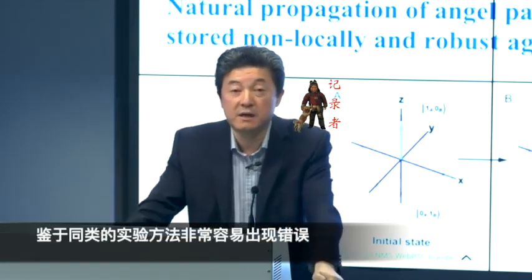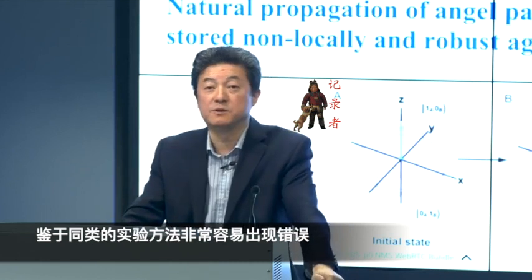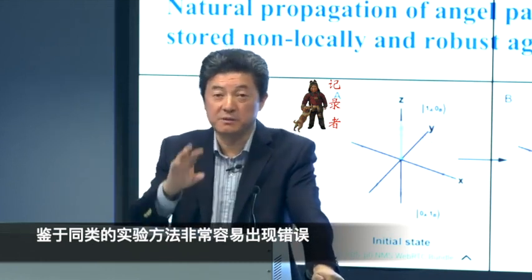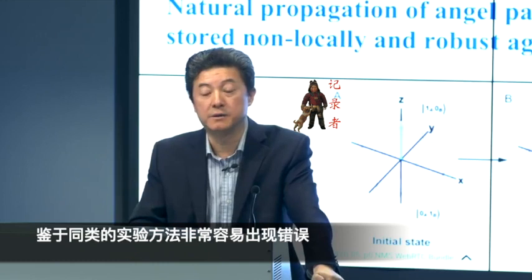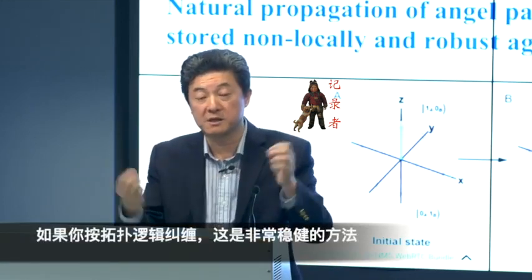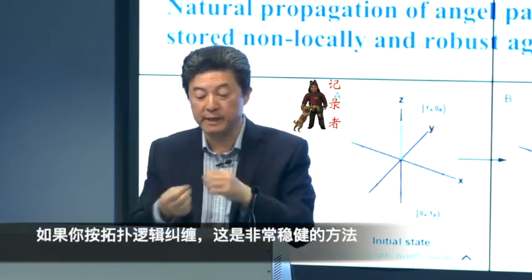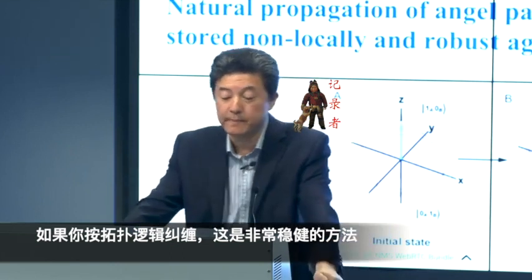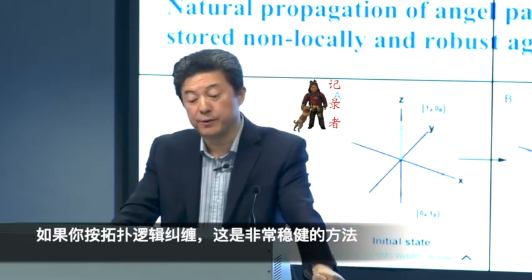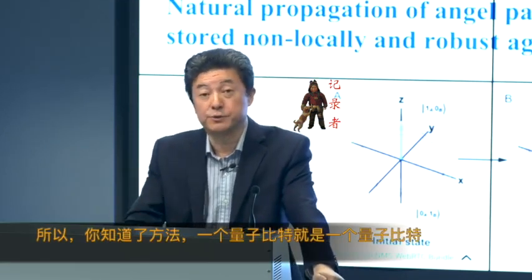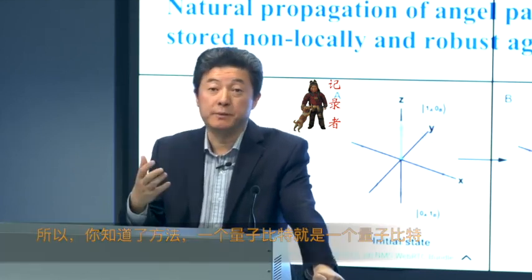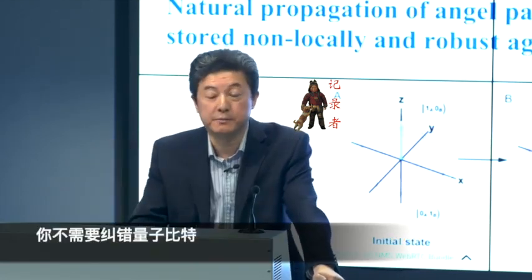Whereas in most other approaches to quantum computing, it's almost an analog computation. You can very easily make little errors. But if you do what is called a topological operation of braiding, then it's actually very, very robust. So in our approach, one qubit is just one qubit. You don't need error-correcting qubits.